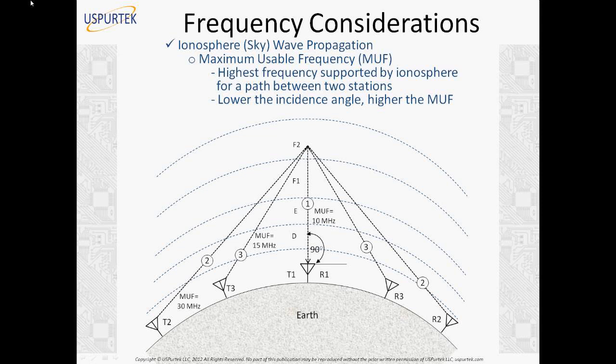These findings are from observation. There are agencies which publish the maximum usable frequency at a certain point in time in the ionosphere. So in general, the lower the incidence angle, the higher the maximum usable frequency. And by definition, it's the highest frequency supported by the ionosphere for any path between two stations.